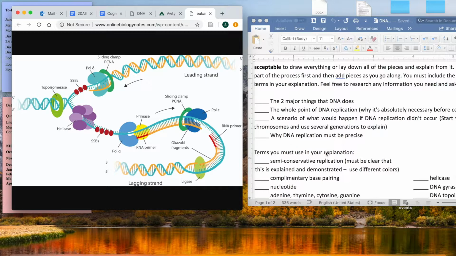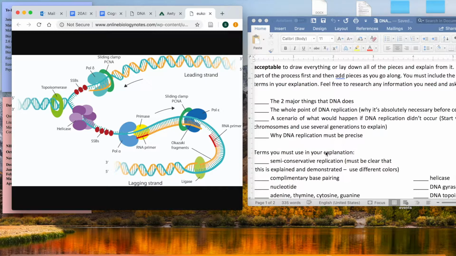For example, if DNA replication didn't occur, if we had 46 chromosomes, every generation would have less and less. And the next generation maybe would have half as much, and half as much, and half as much. This is also why DNA replication must be precise, because each time a cell divides, the two resulting daughter cells must contain exactly the same genetic information, or DNA, as the parent cell.